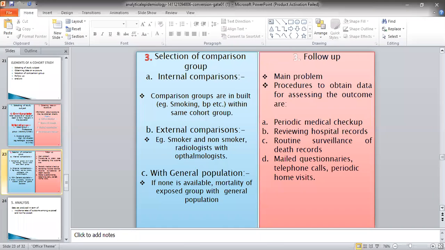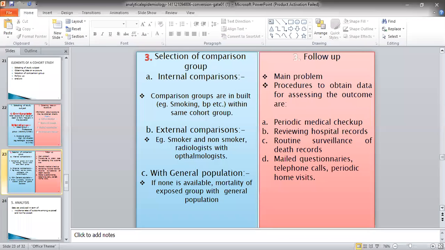Okay. Next, we can take a comparison group externally. For example, we can take one group that is smokers, and externally we can take another group that is non-smokers. Similarly, we can take radiologists and compare them with ophthalmologists. So this is how to make groups externally.